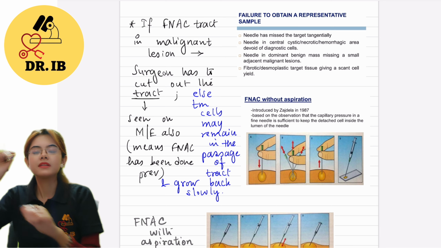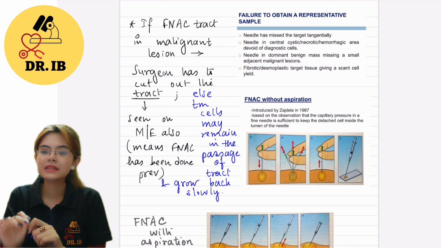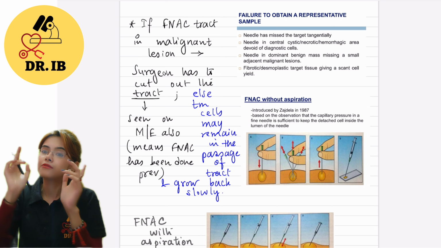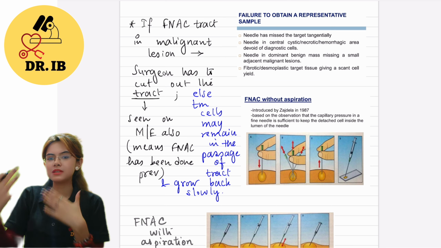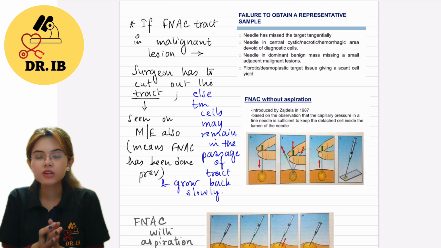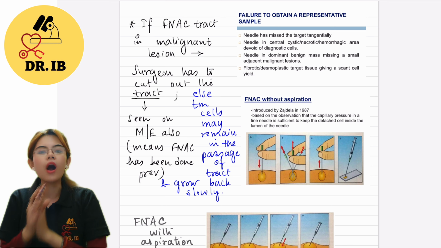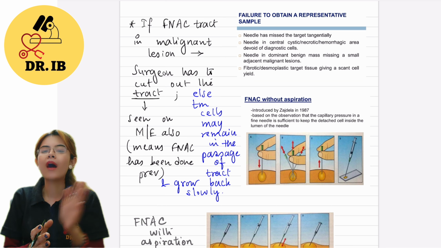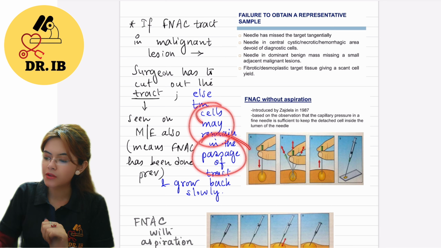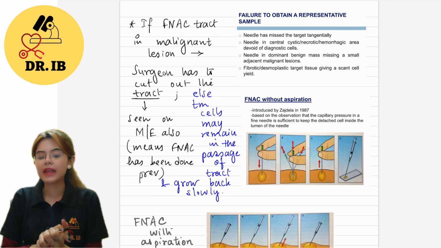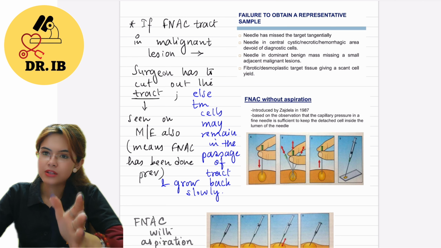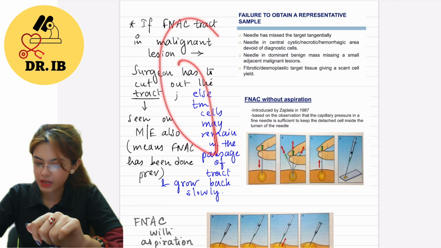That's fine, but these malignant cells can get adhered in that process of the tract, right? And from these cells there can be secondary carcinoma formation as well, right? So the surgeon has to cut out this tract as well while he will be performing the surgery, else the tumor cells may remain in the passage of the tract and can grow back slowly, right? So it's very important that the surgeon has to take care of.